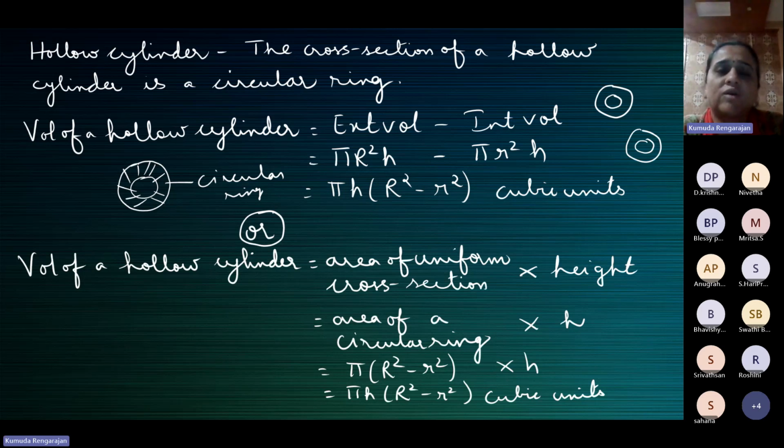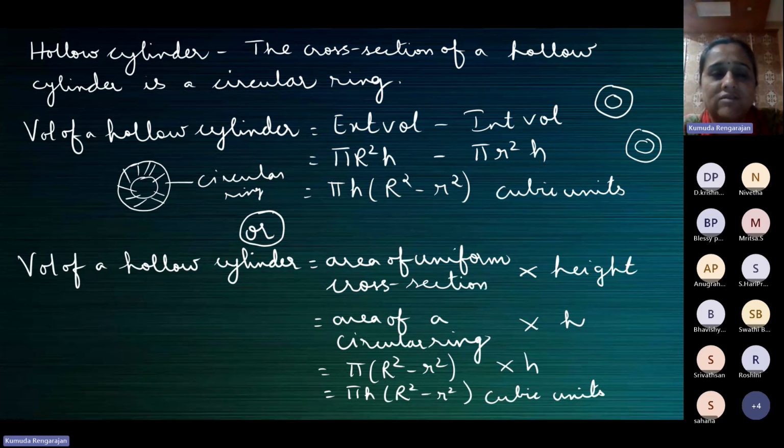In the same sense, the cross section of a right circular cylinder is a circle. When you stack many circles of the same radius, the solid obtained is a right circular cylinder. In the same way, a hollow cylinder also has a uniform cross section.